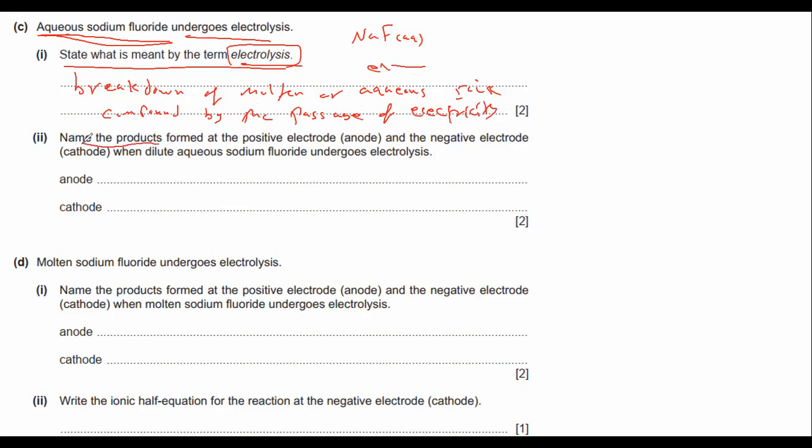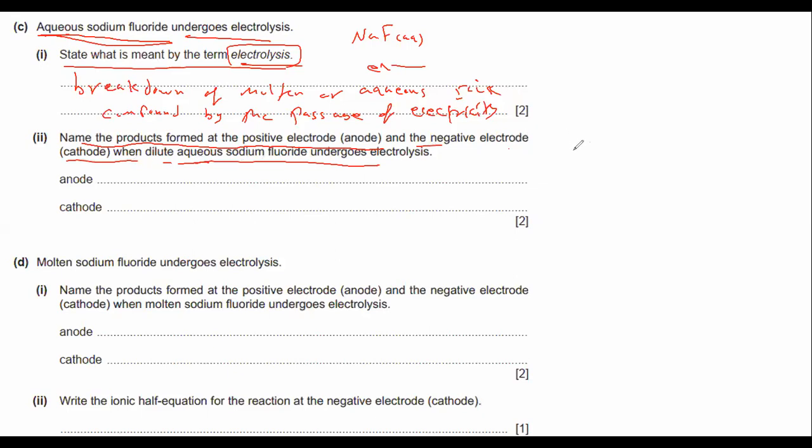Name the products formed at the positive electrode, anode, and the negative electrode, cathode, when dilute aqueous sodium fluoride undergoes electrolysis. Sorry for this. Let's continue.